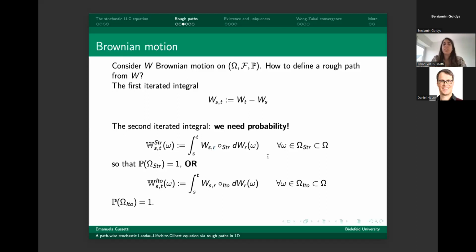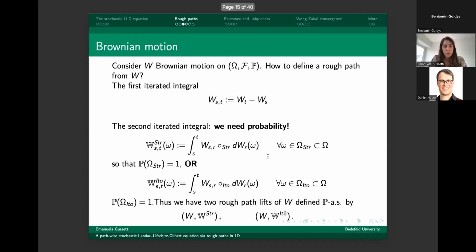So we have constructed two possible candidates for our rough path, and what do we choose? One first looks at the model. From physics, it makes sense to study the Landau-Lifschitz-Gilbert equation with the Stratonovich integral. So we will use the Stratonovich lift.